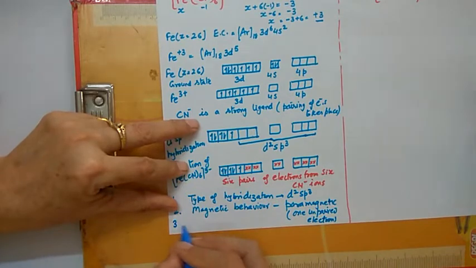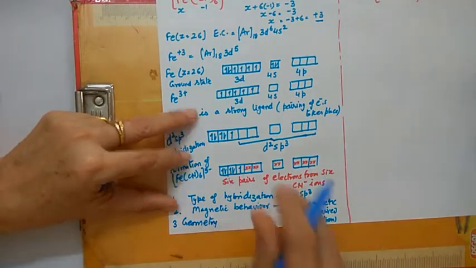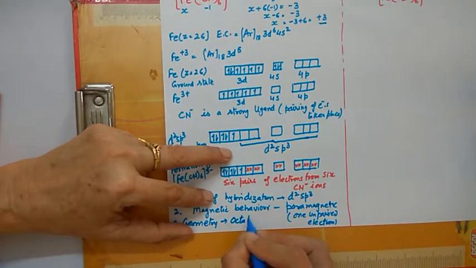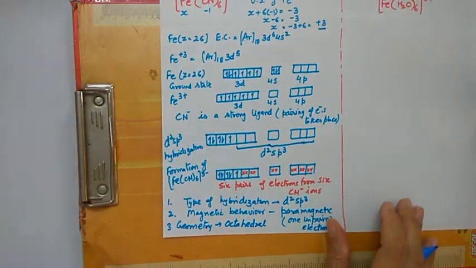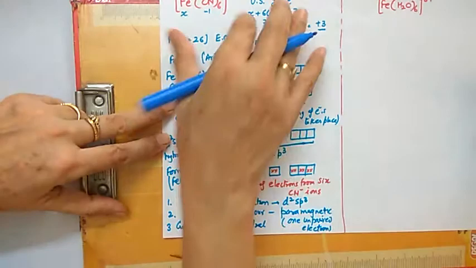And what will be the geometry? As 6 ligands are attaching, it will be octahedral. Clear? This is how you can show the bonding in this complex.